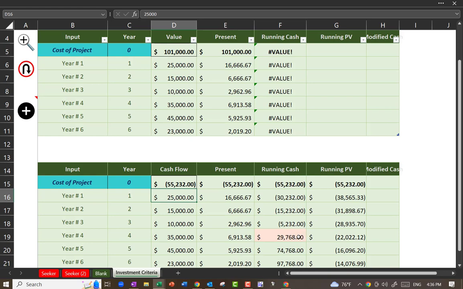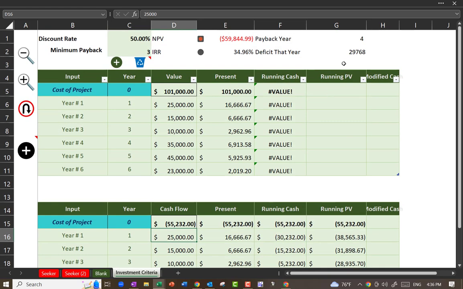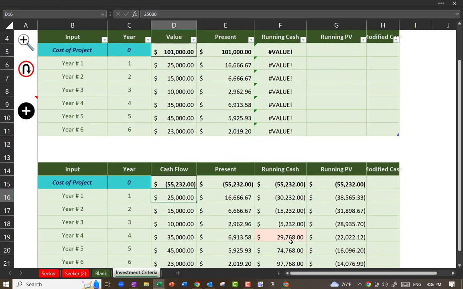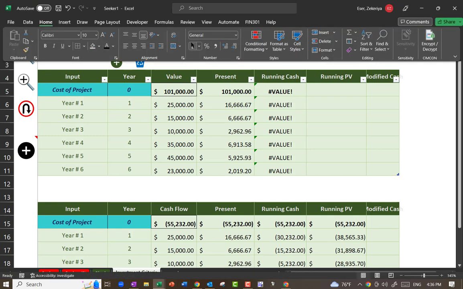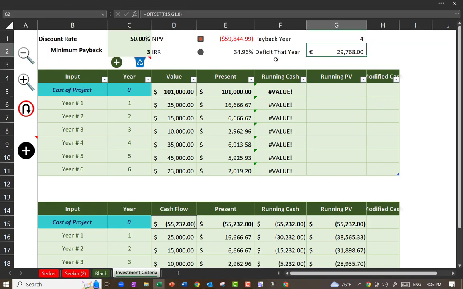Again, I can do all of this in one cell, but just for clarity, I'm not going to. Or cash flow that year. I'm not going to do it for running PV yet. You get the idea.